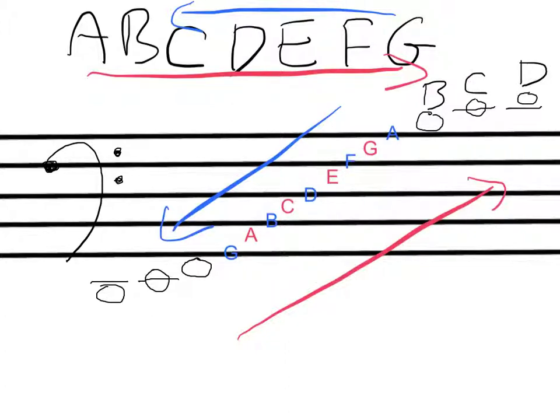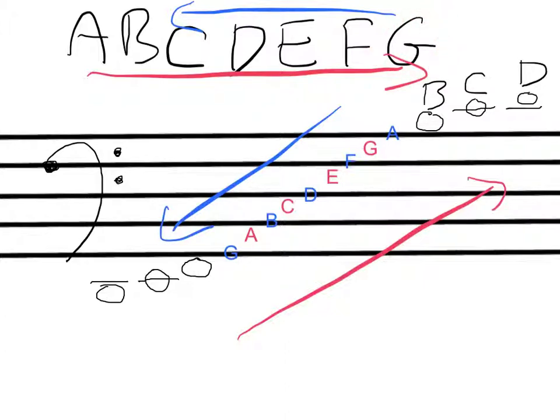D. So those would be the letter names of the 3 notes above the staff, and we just follow our alphabet pattern going A, B, C, D, and it would go E, F, G, and so on back to A. Now if we go back down here below the staff, my last note is a G. So what letter comes before G?